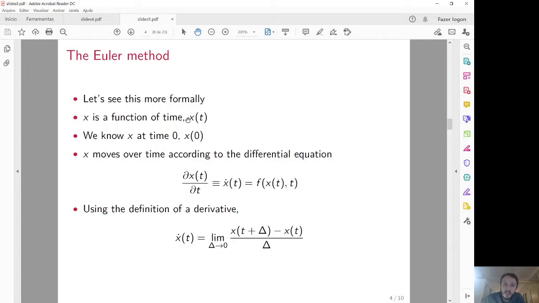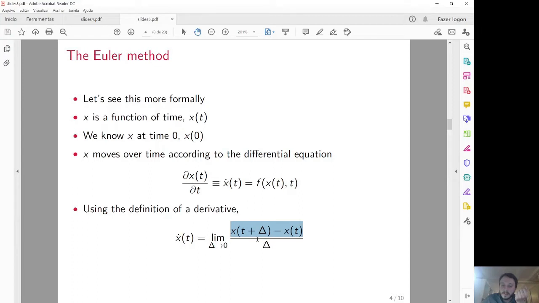So again, we know x, x is a function of t. We don't know this function, but we know x of 0, and we know the derivative of x with respect to time for all time periods. And we are using a notation x dot of t, okay? And then using the definition of a derivative, remember that the derivative of x with respect to time is the difference between the value of x in two time periods when the difference between the two time periods goes to 0, okay?